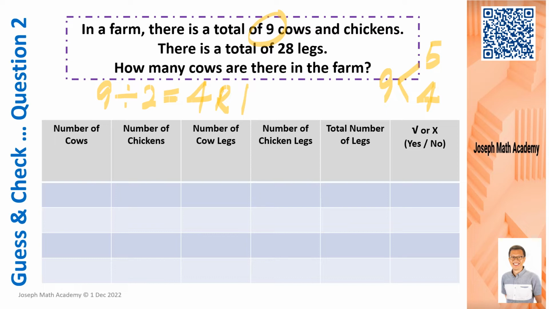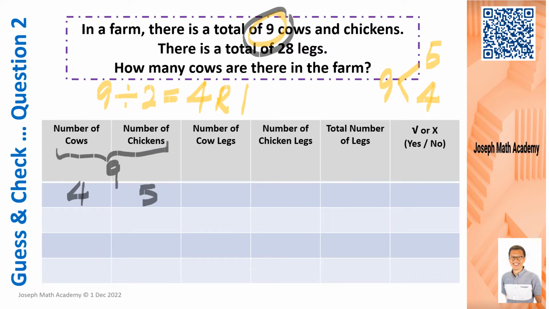So one quantity will have more animals, and the other quantity will be fewer. Alright, so let's assume that there are 4 cows and 5 chickens. Remember, these two must add up to give you 9.